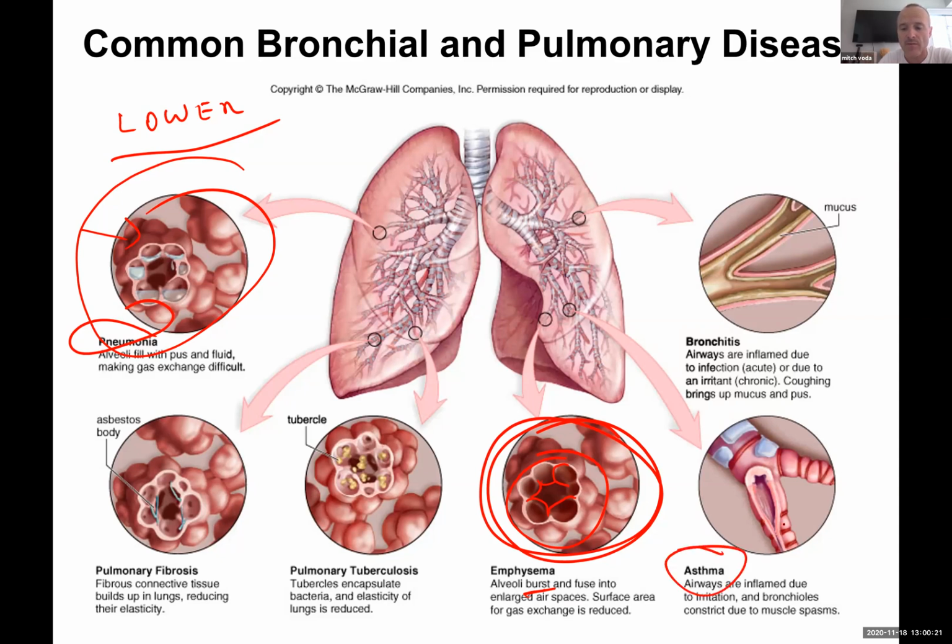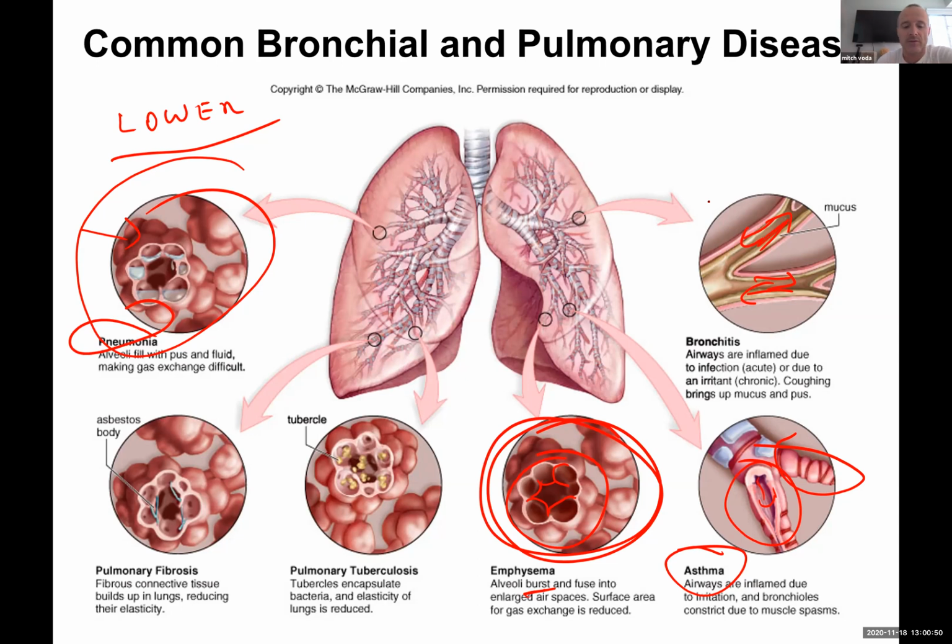Asthma is basically an inflammation of the bronchioles or bronchi right here. By inflaming, you don't get enough oxygen, so that's why we cough. Bronchitis is an inflammation, acute or chronic, of the bronchi, which also leads to not enough oxygen.